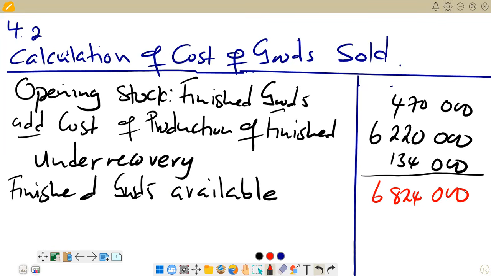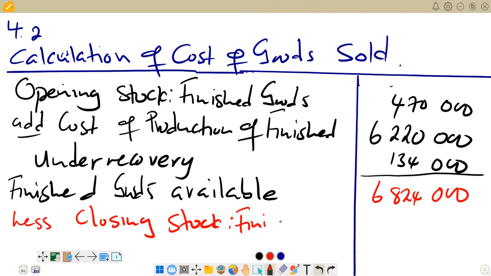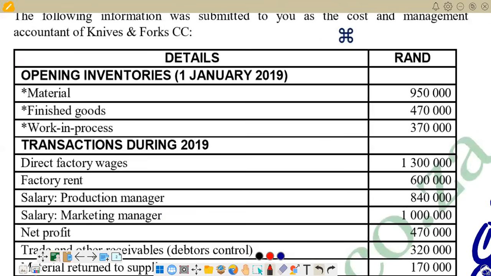you then subtract the closing stock. So here you can say less closing stock, and this closing stock is specifically for finished goods. So you can go back again to check in the question what figure we have for finished goods as closing stock.